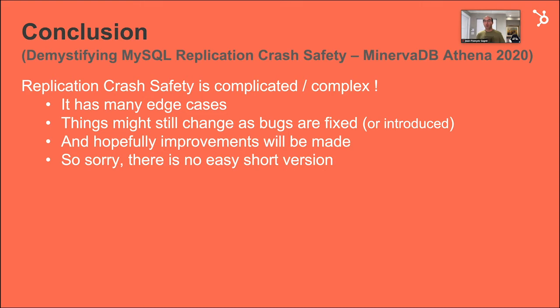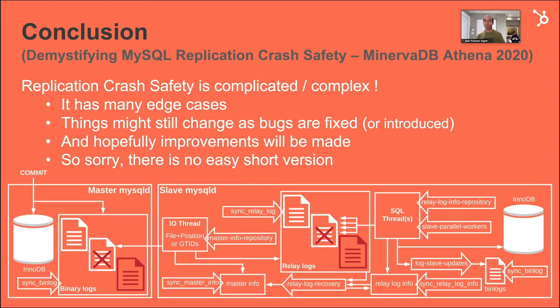And I'm sorry to tell you that there's no short version on replication crash safety. On this diagram, every parameter here is somehow either thought to make replication crash safe when this is false, or needed for replication crash safety. And I even forgot to mention slave_parallel_type and slave_preserve_commit_order, which are not on this schema.